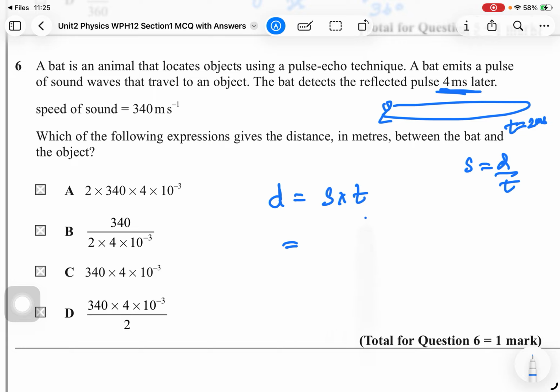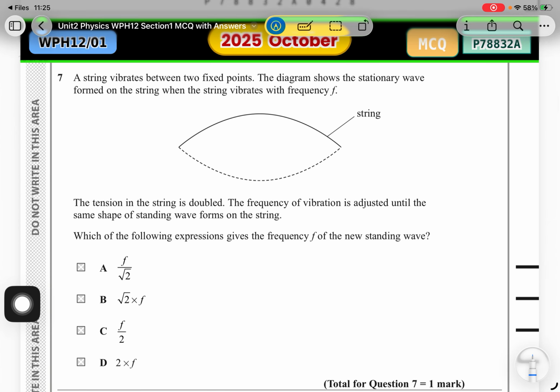Now question number 7. They are talking about a full wave, and this string vibrates between 2 points. This is a stationary wave, so these are nodes and here it's an antinode. They're talking about the tension and the frequencies. For the existing one, we can use v equals f lambda. v is root T divided by mu, which equals f lambda.